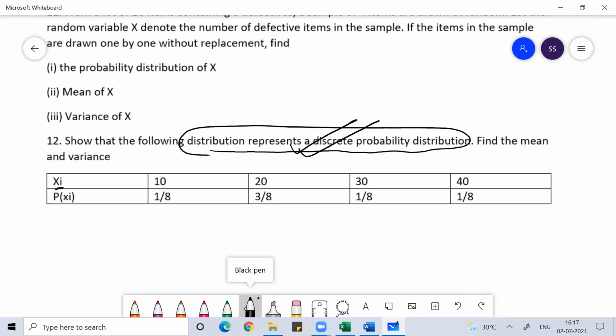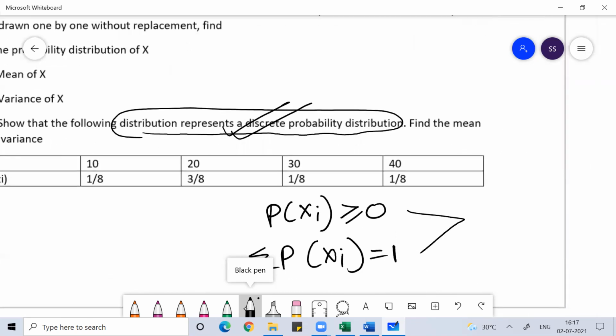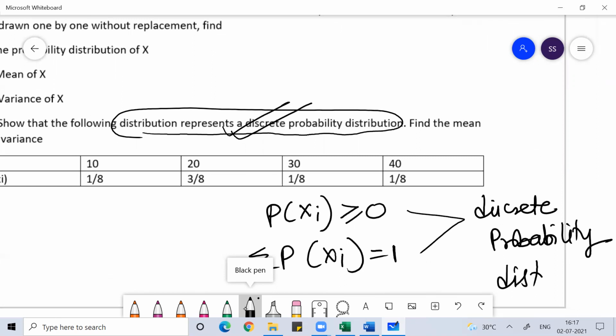How will you show it? If your individual probabilities are greater than or equal to zero, and the sum of the total probability is one, then they represent a discrete probability distribution.